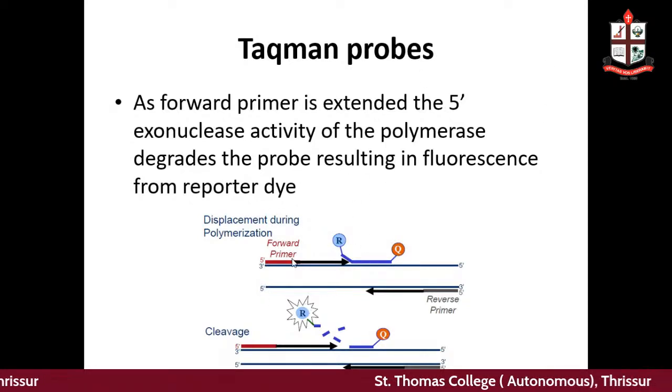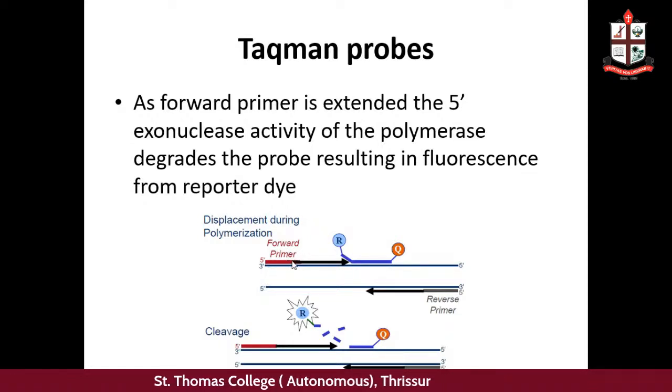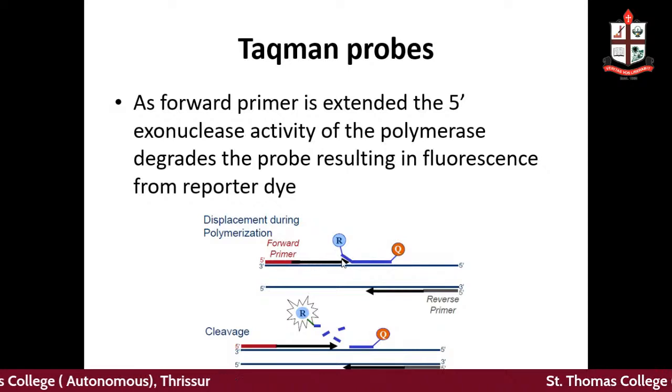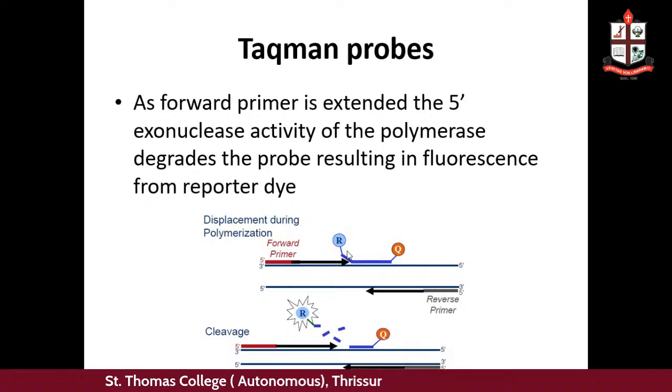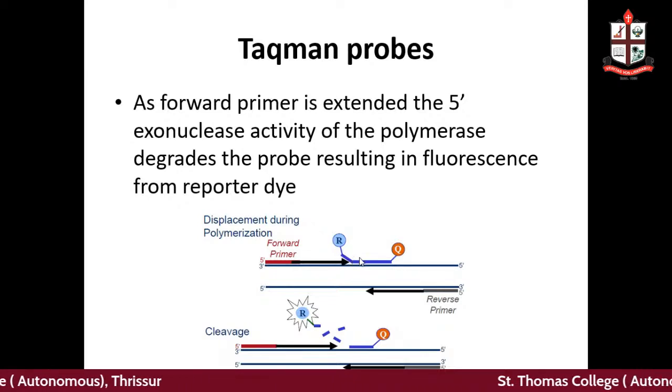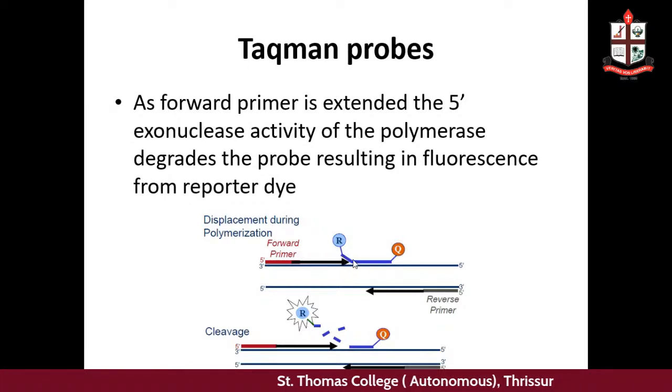Hence what happens is the Taq DNA polymerase will extend the forward primer, and when it reaches the probe, it will start degrading the probe. It will remove nucleotides from the 5' end of the probe.